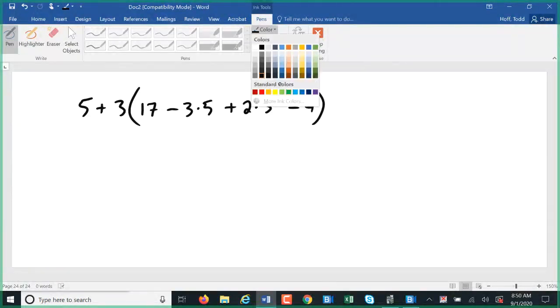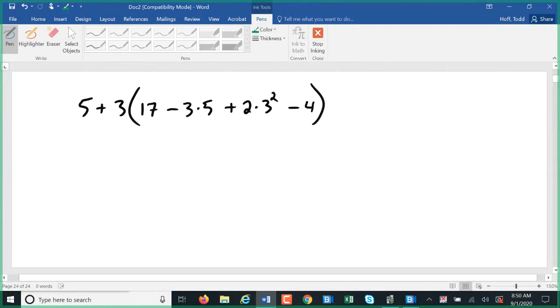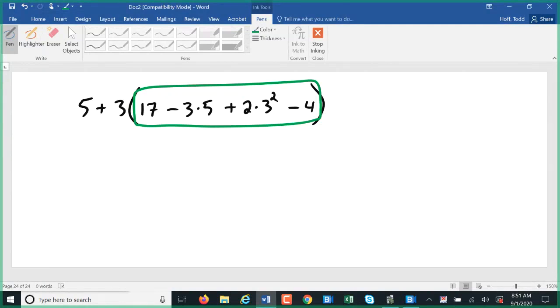So this one here is just a little bit more difficult, has a couple more things in it. So going down our order of operations, we do have enclosing symbols. We have a parentheses here. This thing right here. That encloses part of the problem or separates part of the problem from the rest, which means we have to start in there.